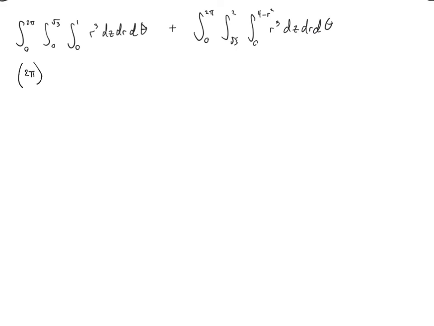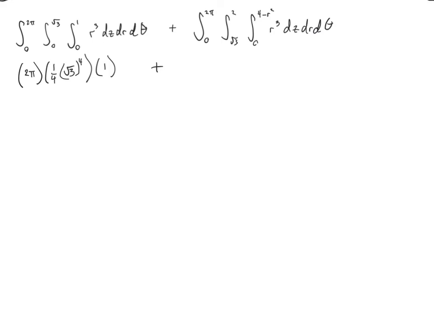For r cubed dr, I get r to the 4th times a quarter, so 1/4 r to the 4th evaluated from 0 to root 3. I'm just going to get radical 3 to the 4th minus 0. And then for z, I get 1 minus 0, so that's just times 1.